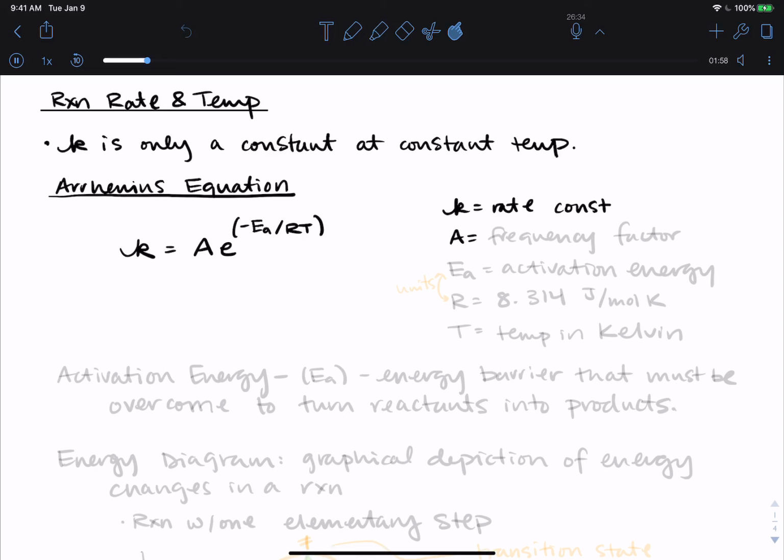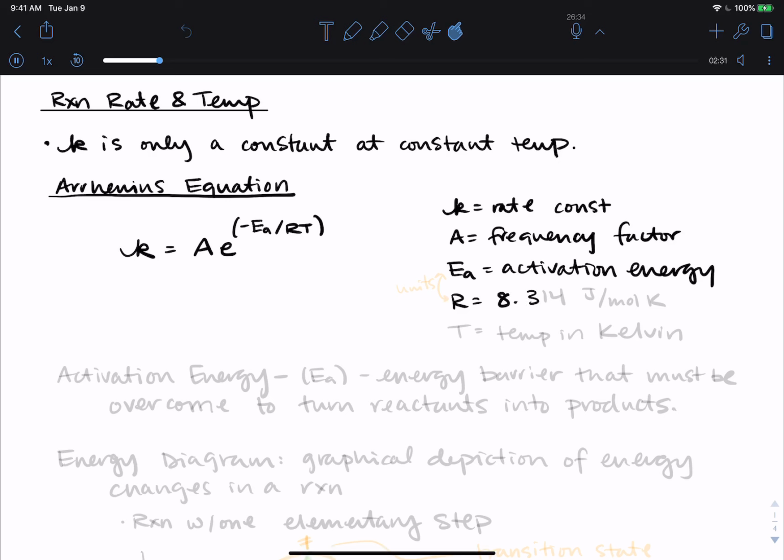A is something called the frequency factor, which we'll define for you in a little bit with some examples. Usually you're given the frequency factor. E sub A is something called the activation energy. R, it's still a gas constant, but we're going to put it in with all of these energy units.